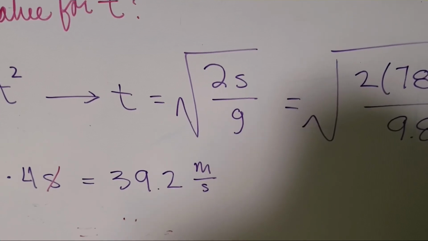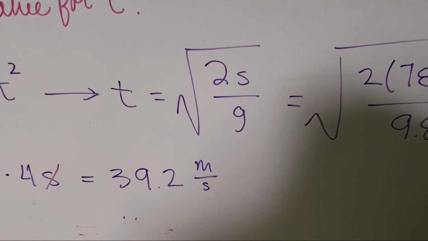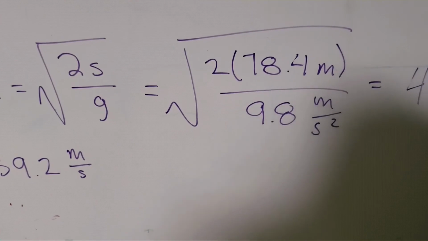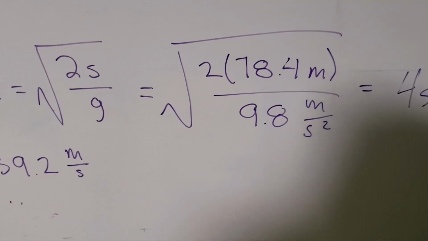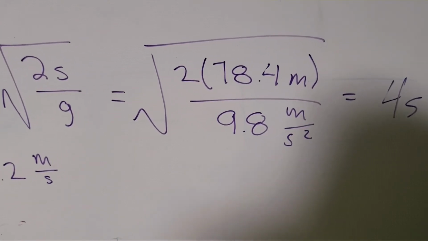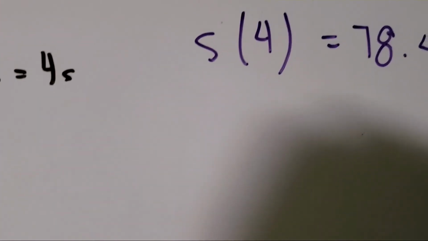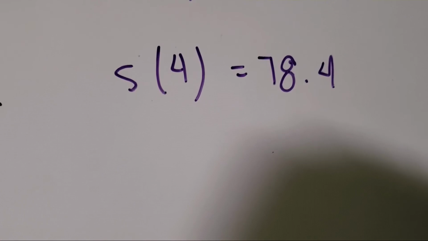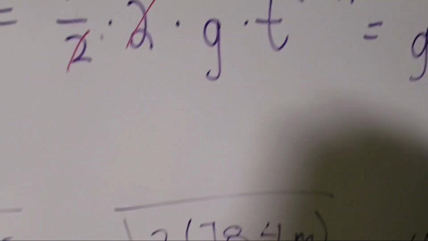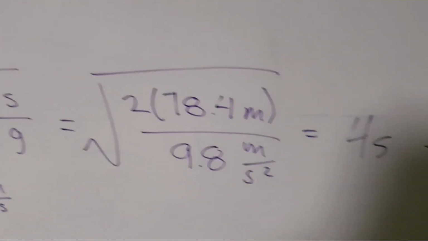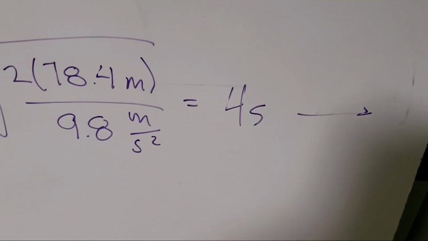And now, since we have the values for s and g, we can plug those values in. And I got that 78.4 meters from s of 4. That's the total distance that it fell. And so we plug that in and we end up getting 4 seconds.